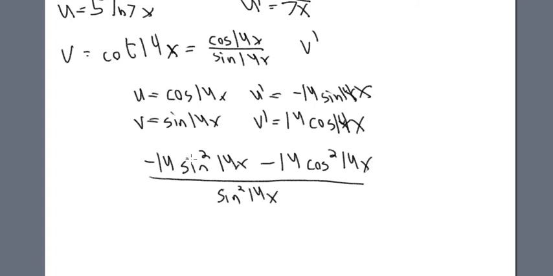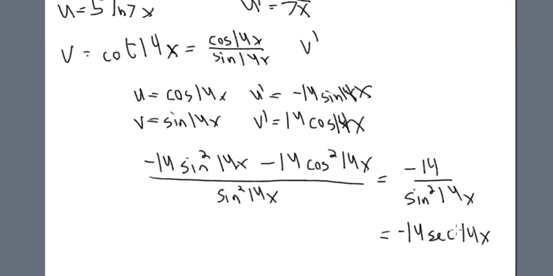Now, the top, I can factor out the 14, use the trig identity again, so that ends up equaling 1, so it winds up being negative 14 on the top over sine squared 14x, which equals negative 14 cosecant squared 14x.